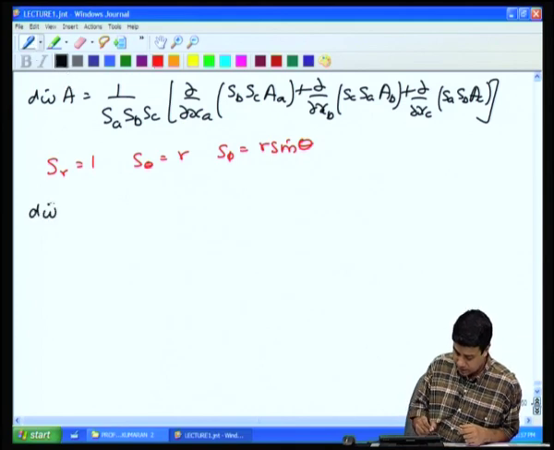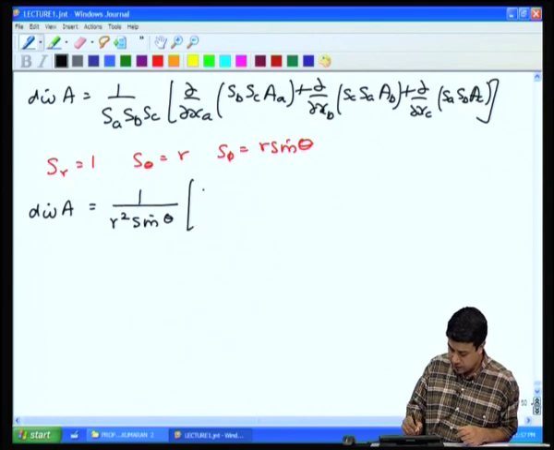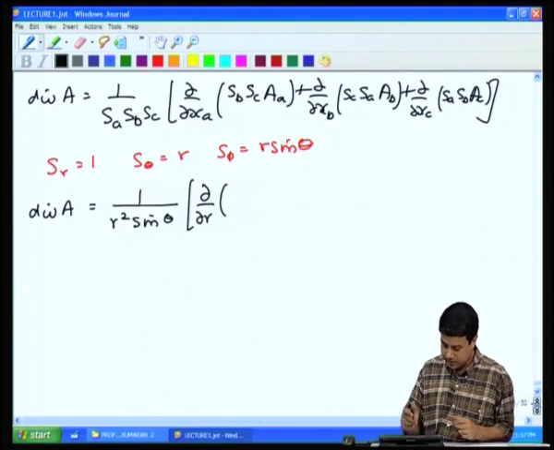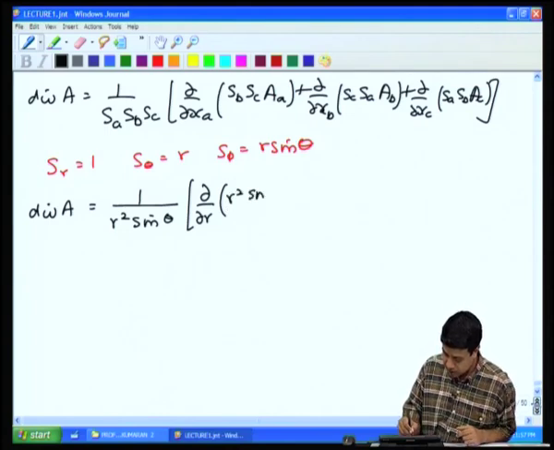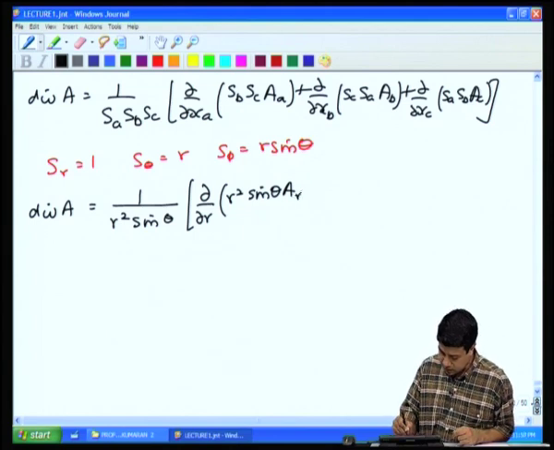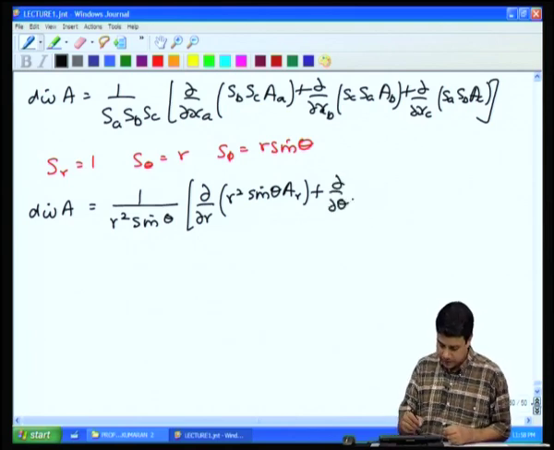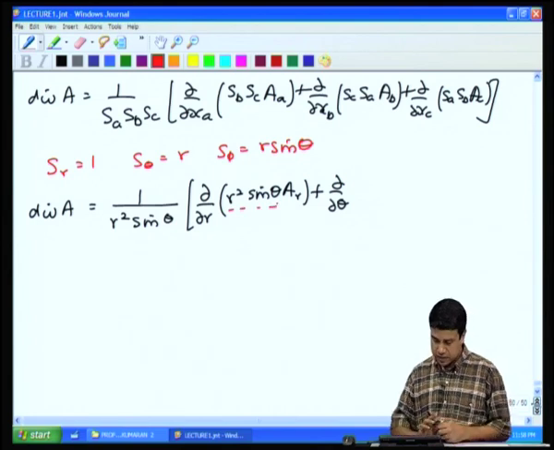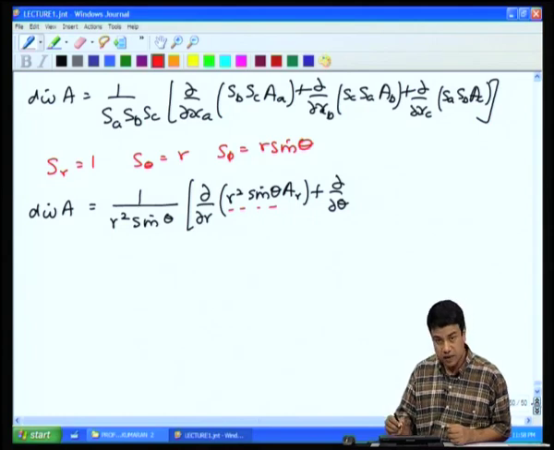So, the divergence of A is equal to 1 over S_A S_B S_C, that is r squared sin theta, times d by dr of S_B times S_C A_r, that is r squared sin theta A_r, plus d by d theta of S_phi times S_r, that is r into r sin theta A_theta... I am sorry, S_theta times S_phi is r into r sin theta, and the second one is S_phi into S_r.